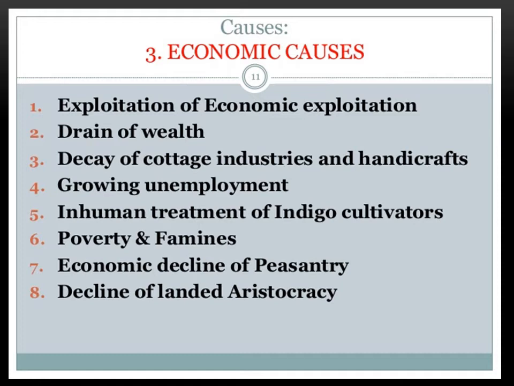Obviously, if you are collecting taxes, that is to be spent on the country, but they kept the money for themselves. At the same time as they were imposing high taxes on India, the British were also keeping the salary of the sepoys, the sipahi, the soldiers, very low. That was causing more resentment.